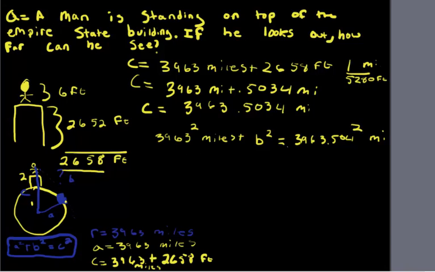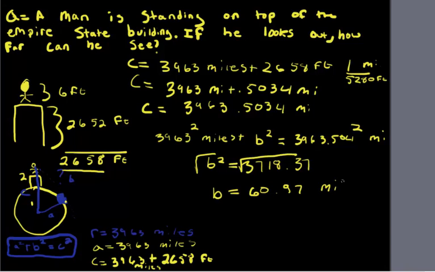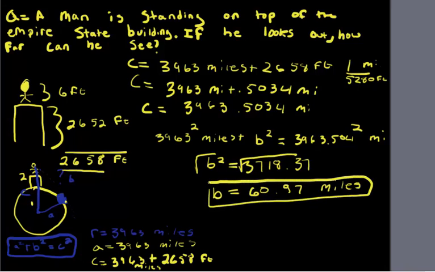So after you square both of these numbers and you subtract 3,963 squared, you're going to have B squared is equal to 3,718.37. Then you're going to take the square root of both sides, and you're going to be left with B is equal to 60.97 miles. We're going to circle that answer, as we have to do on all math problems.